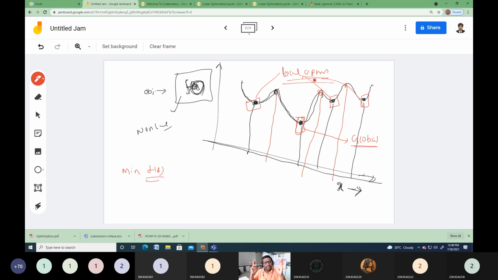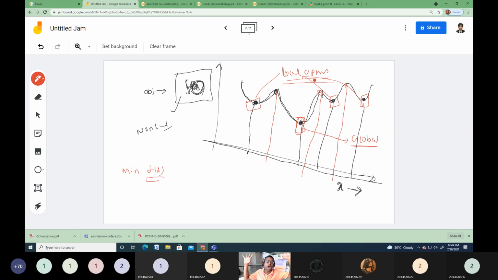When you are dealing with a non-linear optimization problem, it means your objective function is a non-linear function of your decision variables x, or x, y, z, whatever it may be. If you draw a plot of your objective function against your decision variables, then your objective function may have multiple local minimum points or multiple local optimum points.